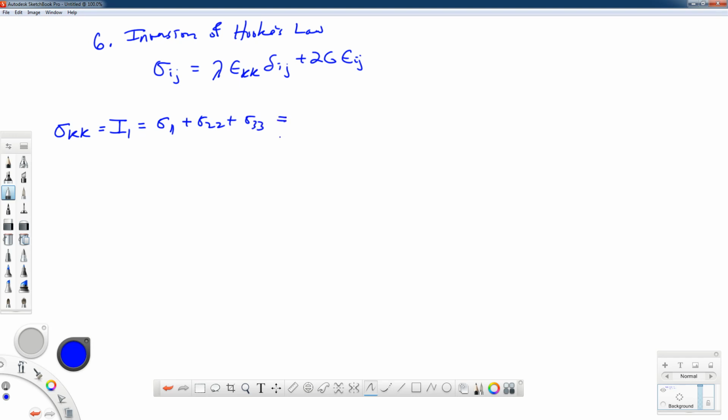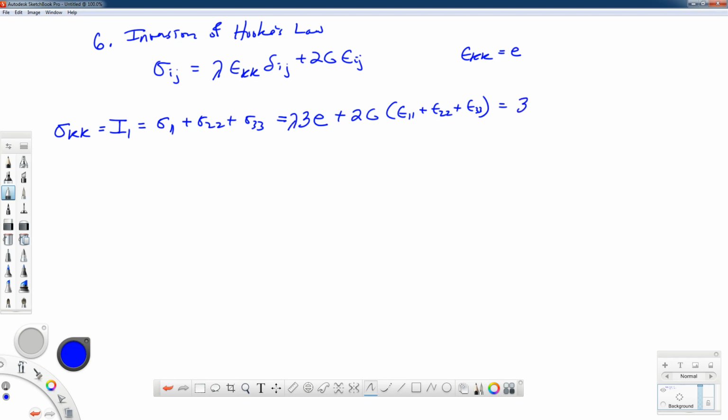Well, what are we going to get? We're going to get 3 times the trace of the strain tensor, epsilon kk, plus 2g times the quantity epsilon 1,1 plus epsilon 2,2 plus epsilon 3,3. Oop, I forgot my lambda.